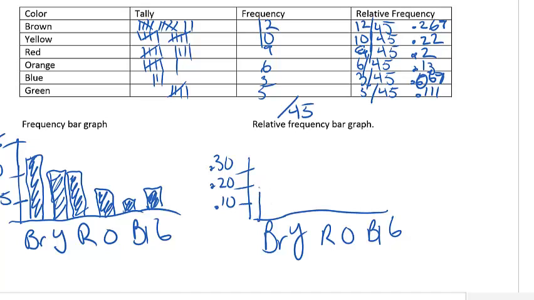So I need a rectangle that's got a height of 0.27. For yellow, it needs to be a height of 0.22. Red is 0.2, so a little bit smaller. Orange is 0.13.